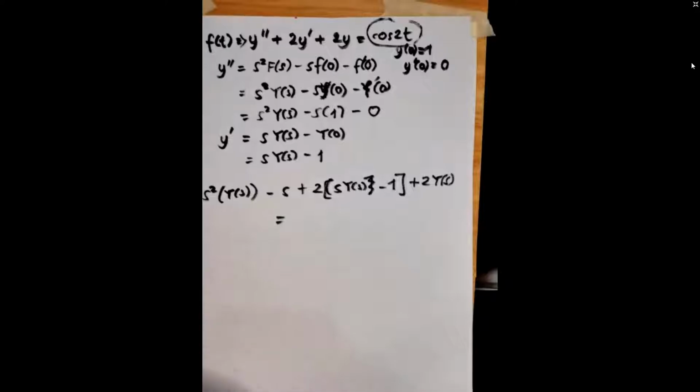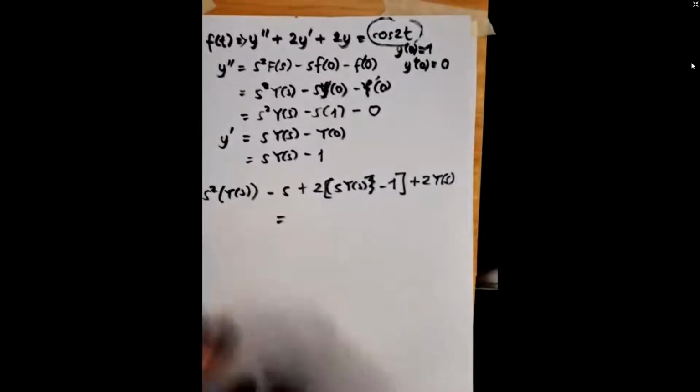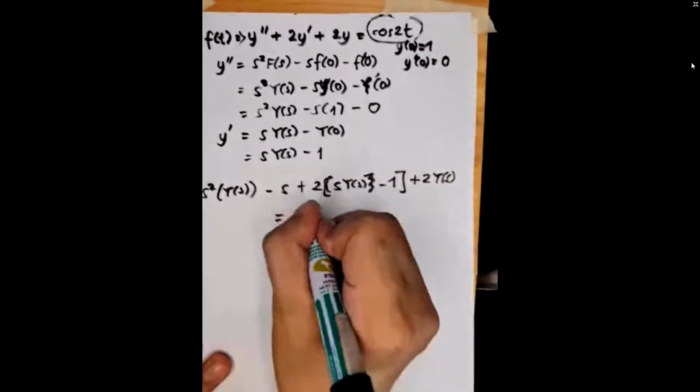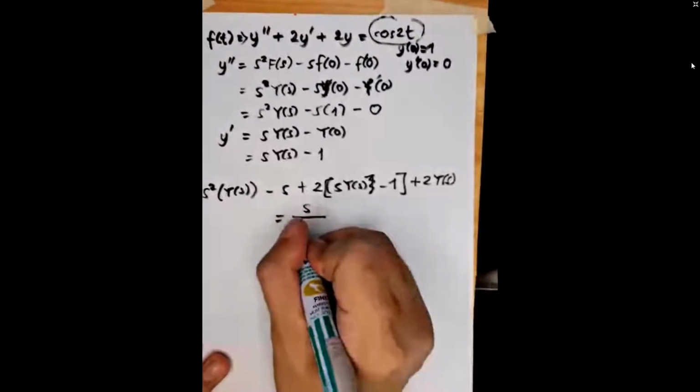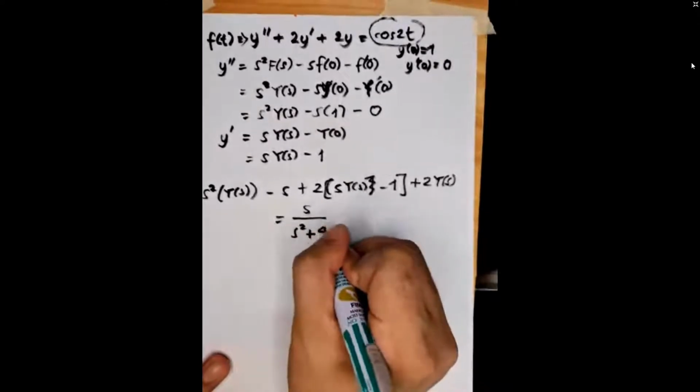So if you go to the cosine, that will be s over s squared plus 4.